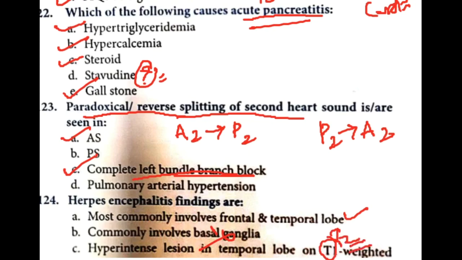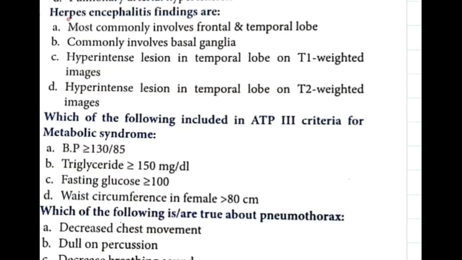So herpes simplex is seen in the frontal and temporal lobes. Is it commonly seen in the basal ganglia? No. Hyperintense lesions are seen in T2 weighted images. So the D statement is true. The hyperintense lesion of encephalitis is seen in T2 weighted images. The next question.